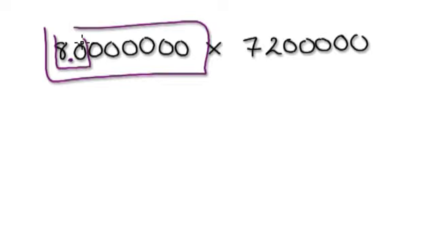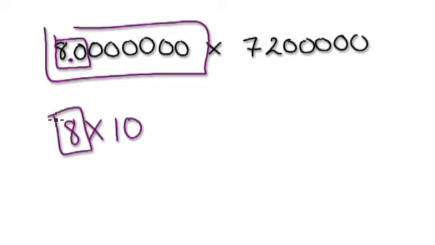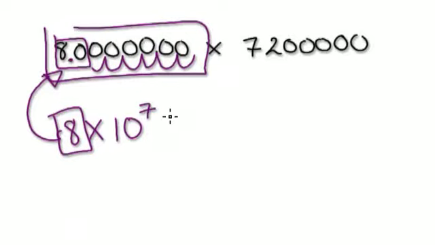Your eyes will immediately zoom into this bit here, 8.0. But why write 8.0? Just write 8. Okay, so it's going to be 8 times 10 to the power of what? You start here. How would you get from 8 to this number here? Well, you need to, 1, 2, 3, 4, 5, 6, 7. So it's 8 times 10 to the power 7.